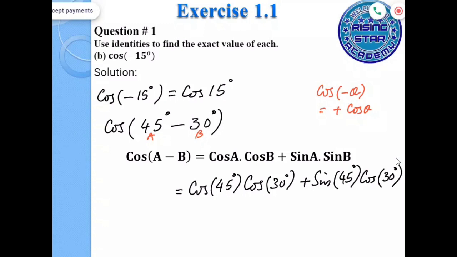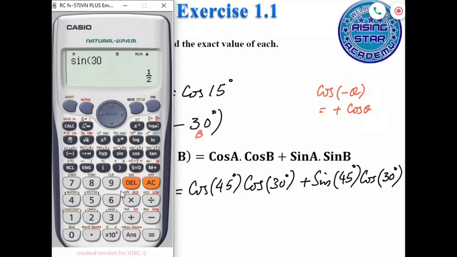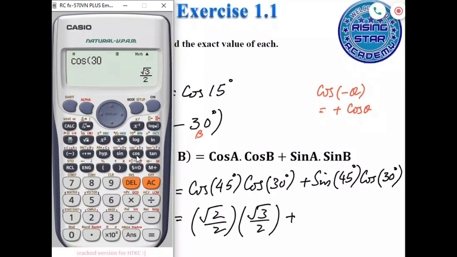Now I would use the calculator to simplify. So the first value we have, that is cos of 45, the result would be square root 2 over 2, and then we will see cos of 30, so that is square root 3 over 2, then plus sign.